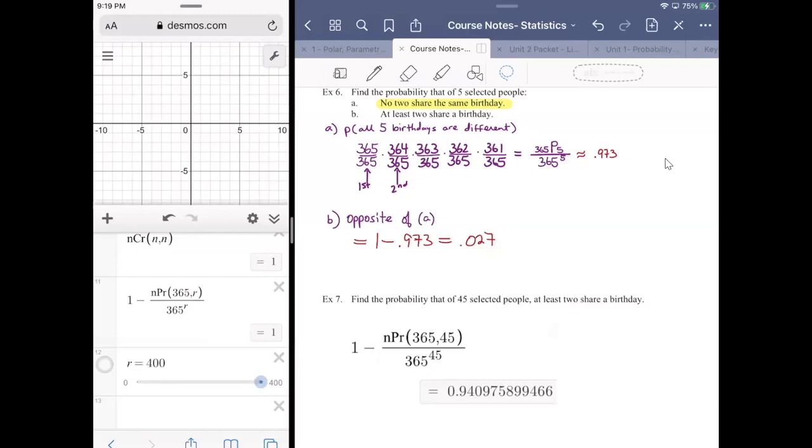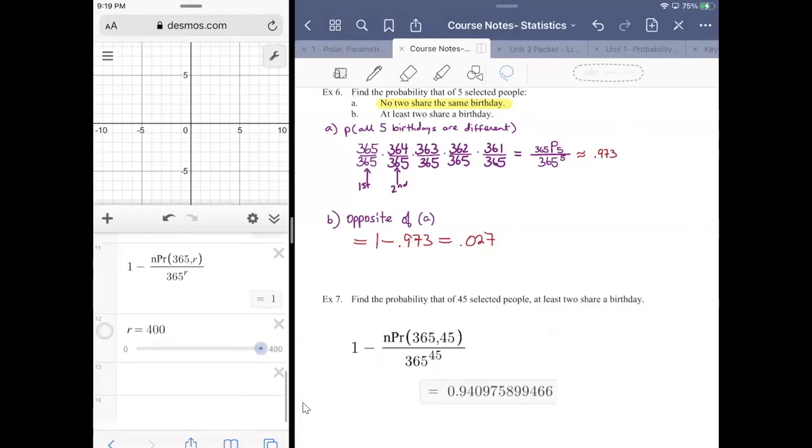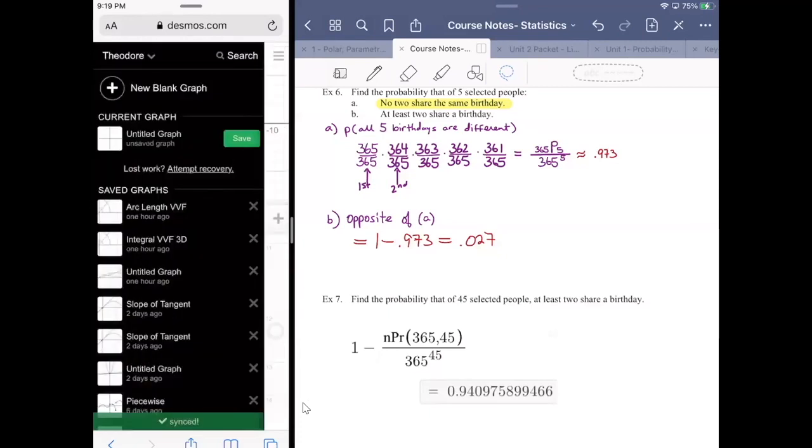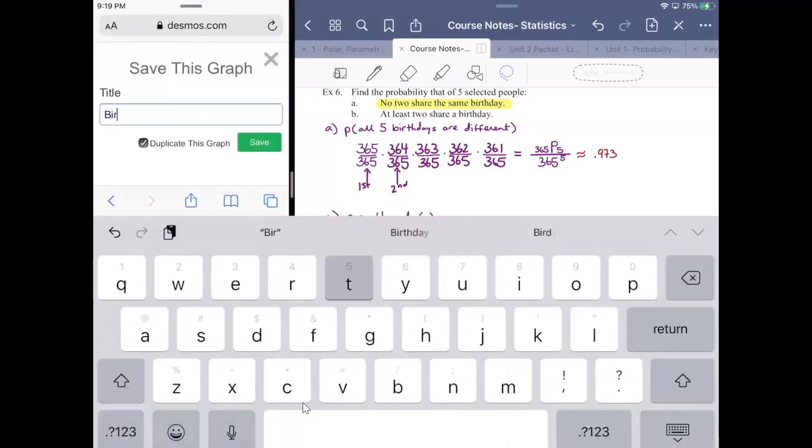Do you have to do it with Desmos? No. You can crank it out manually, but sometimes doing stuff like this is useful because, and I've been mentioning this in all my classes, you do something like this for one of the problems that we do here, and then you save it and call it birthday problem.